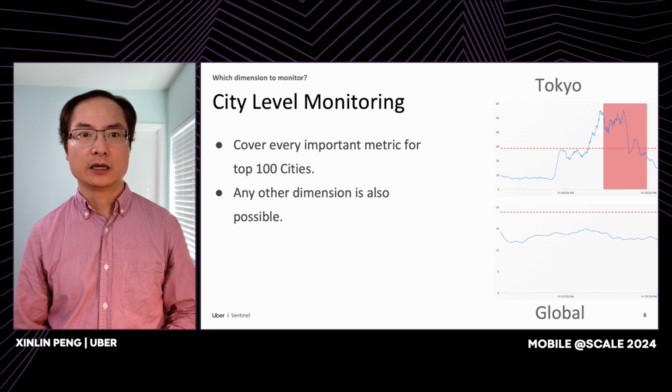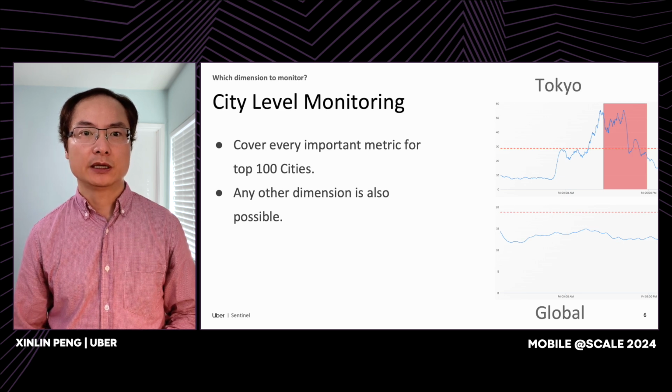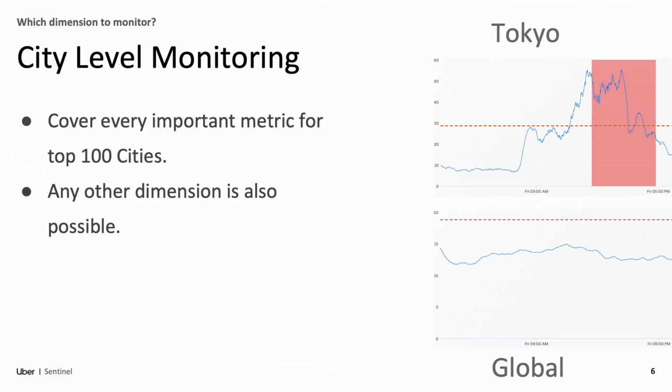We found that having city level monitoring by default is very useful in catching a large number of missing incidents. And this is also easily scaled to all of the important user experiences. We started with the top 100 cities. The example on the right shows an incident when only taxi drivers were unable to go online in Tokyo.